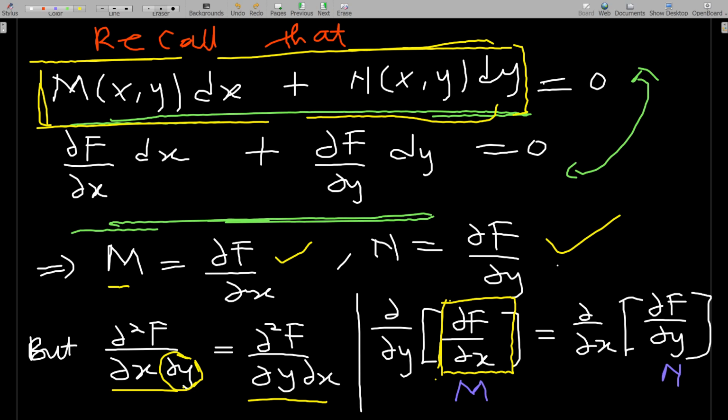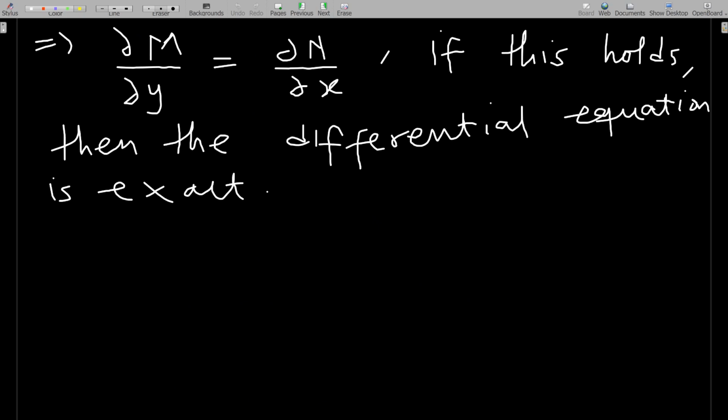But if you look through the boxes, you can see that M is the same as del f del x, and N is the same as del f del y, as we just said. This shows that del y of M should be the same as del x of N. So if a function satisfies this, it implies that del M del y is equal to del N del x.